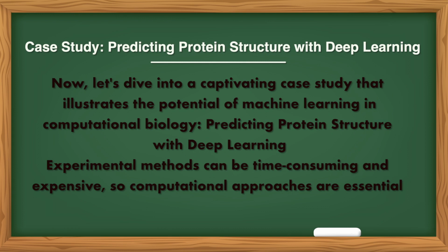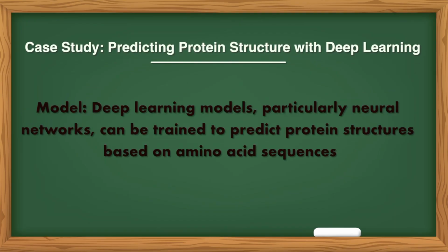The experimental methods are costly and very time consuming, and they need a lot of expertise and practice to solve the 3D complex structure of any protein. So, deep learning models, particularly neural networks, can be trained to predict protein structures based upon amino acid sequences. These models can capture the intricate relationship between the sequence and structure.